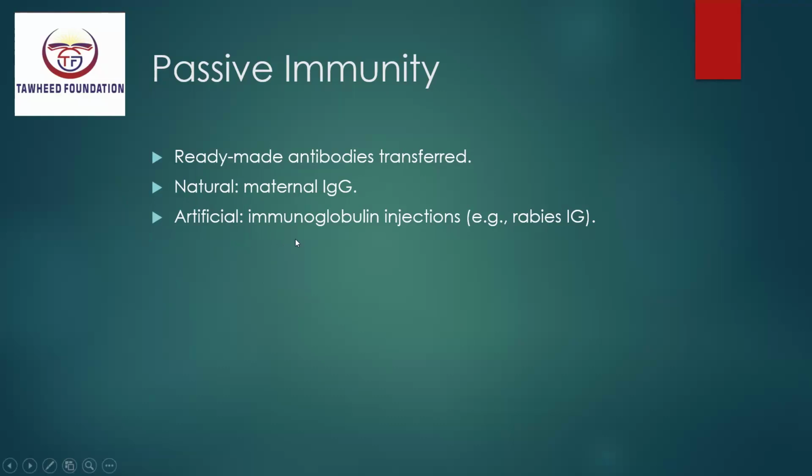Artificial passive immunity develops following ready-made transfer of commercially prepared immunoglobulin, for example, rabies immunoglobulin. Passive immunity plays a very important role in immunodeficient individuals, as the host immune apparatus is not effective, and in post-exposure prophylaxis when an immediate effect is warranted.